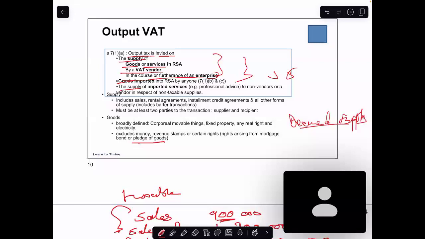So on deemed supply, they are starting with ceasing to be a vendor, which we don't want for now. And then indemnity payment. Right, page 1098. That's where you find indemnity payment.